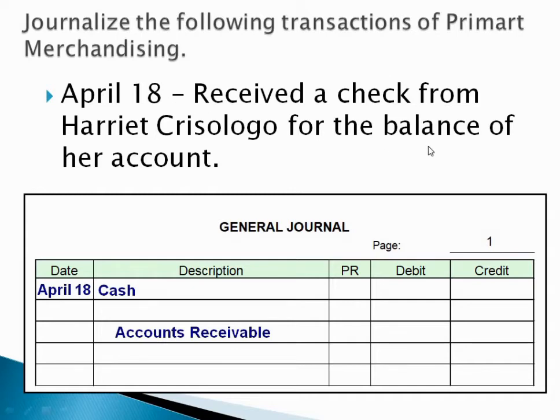For the balance of her account. Prior to this transaction on April 18, how much was the balance of Primark's accounts receivable from Harriet? We must go back to all previous transactions with Harriet and consider any debit or credit to accounts receivable to know the answer.